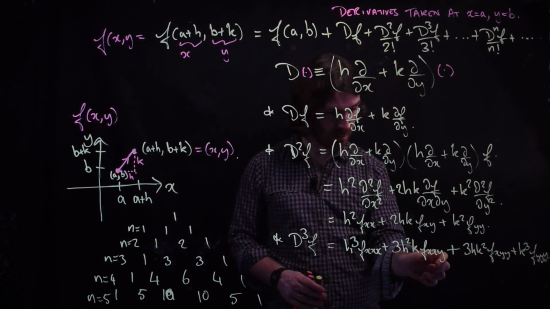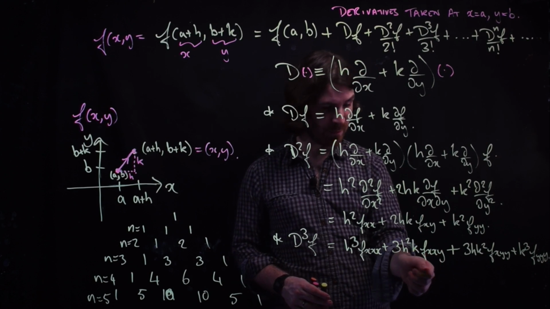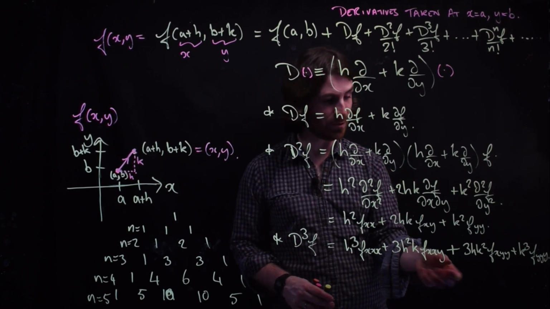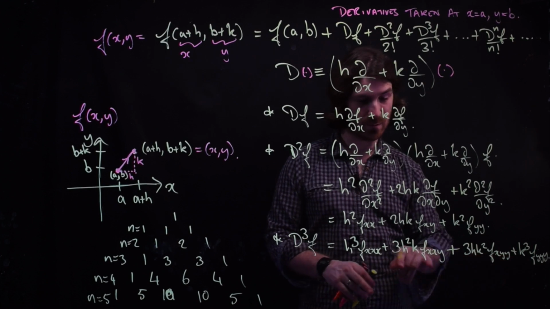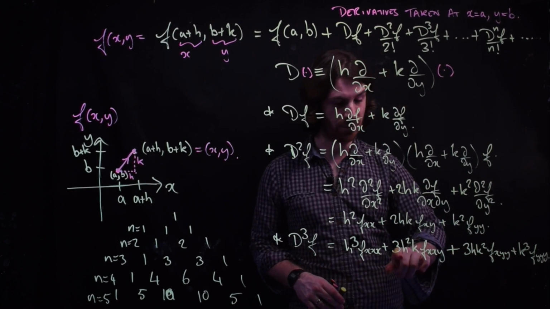Okay, and again, these mixed derivatives can commute with each other, so we just have these terms. Okay, so these collect into 3's.